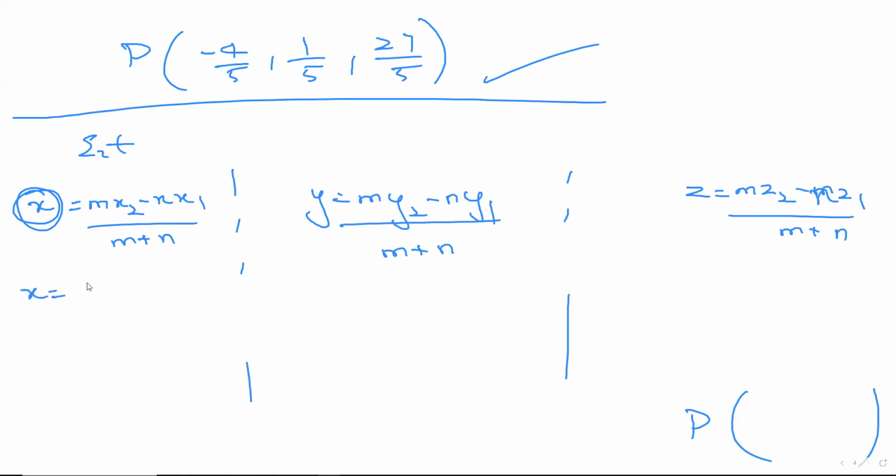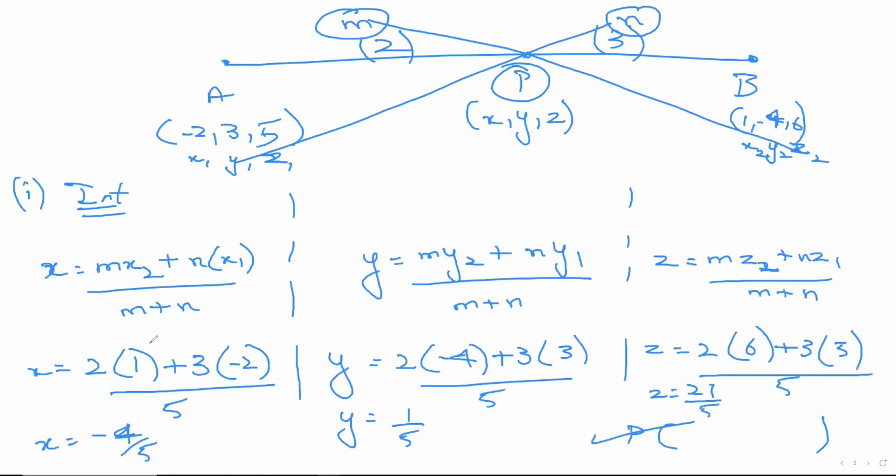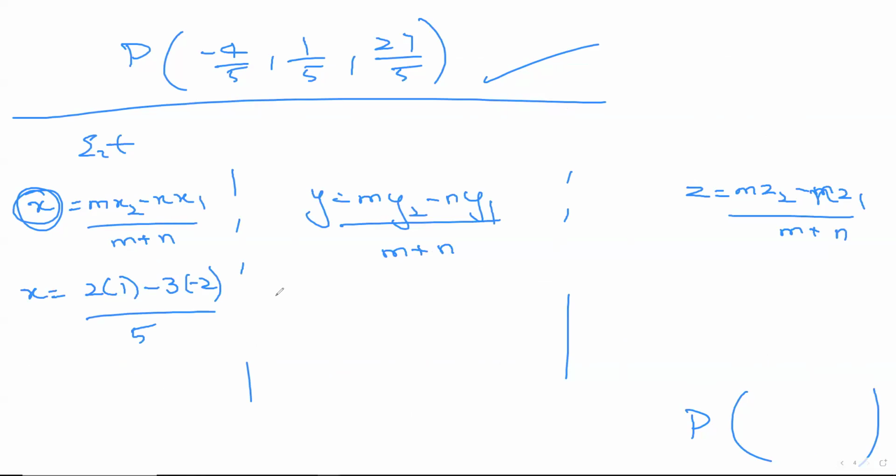X is equal to, the value of M in this question was 2, X2 was 1, minus as it is, 3 into -2 divided by 5. Don't make the mistake of copying the previous answers here. It won't be correct because there's a change in signs between them. Next will be M Y2.